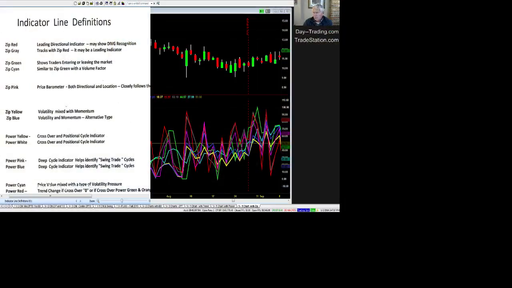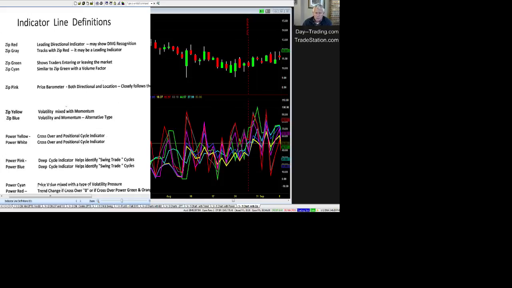I've turned now to that page on the website, and I have on the right side the zip chart. I'm going to be talking about these line indicators on the charts. The first one is the zip red, and you may have heard me talk about how zip red is a leading directional indicator, or I'll just say leading indicator.